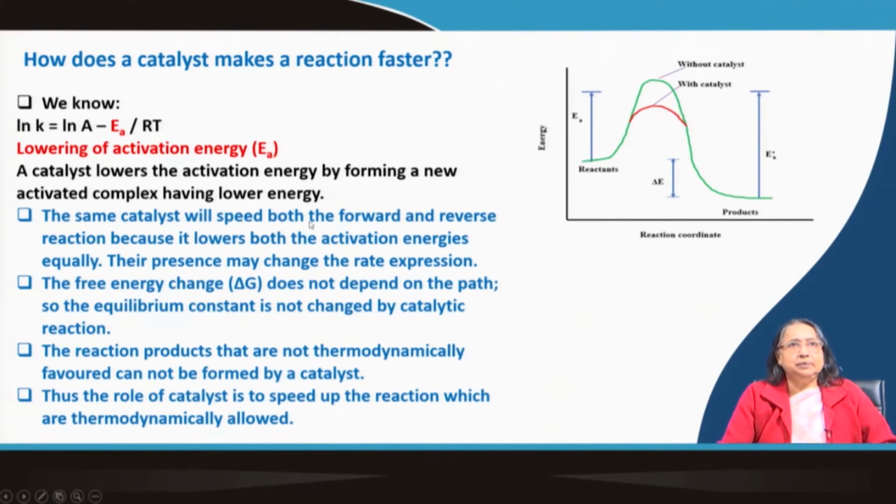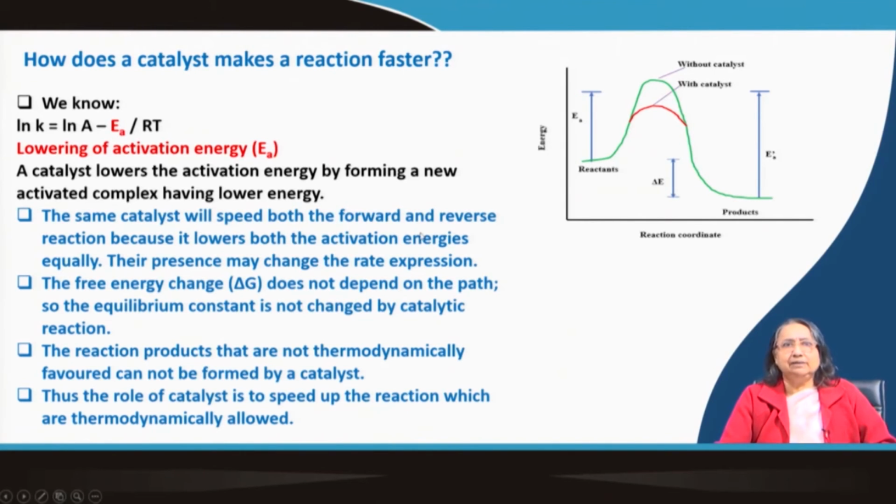The same catalyst will speed up both the forward and reverse reactions. You see that the forward reaction goes from reactant to product this way, and the reverse goes from product back this way, but the catalyst reduces both the activation energies.